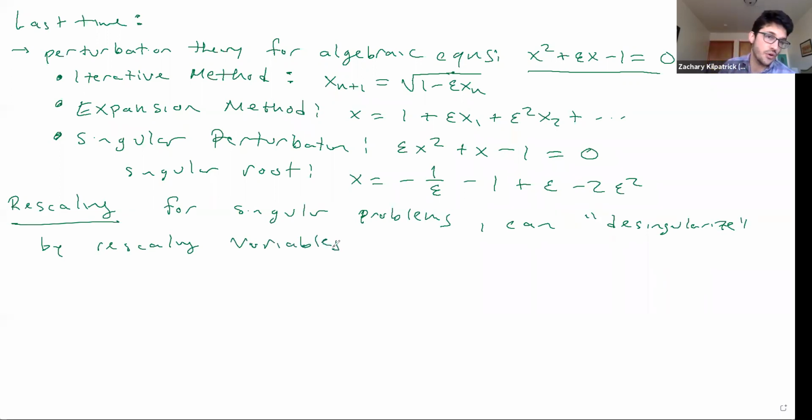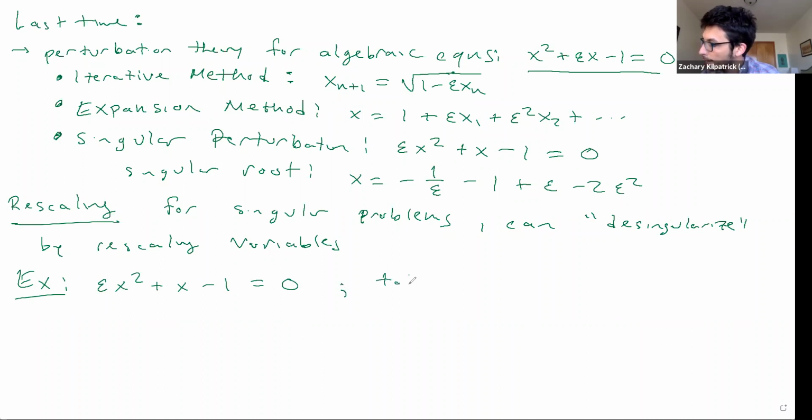It means you just turn it into a non-singular problem. So in the case of our canonical singular problem, this quadratic equation, we could take some new variable, big X, equal to epsilon times little x. So little x is equal to big X divided by epsilon.